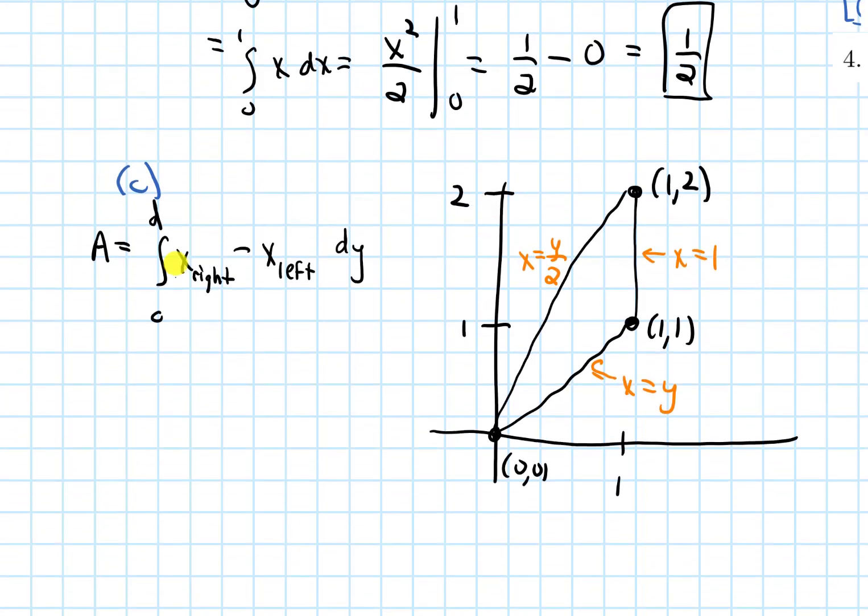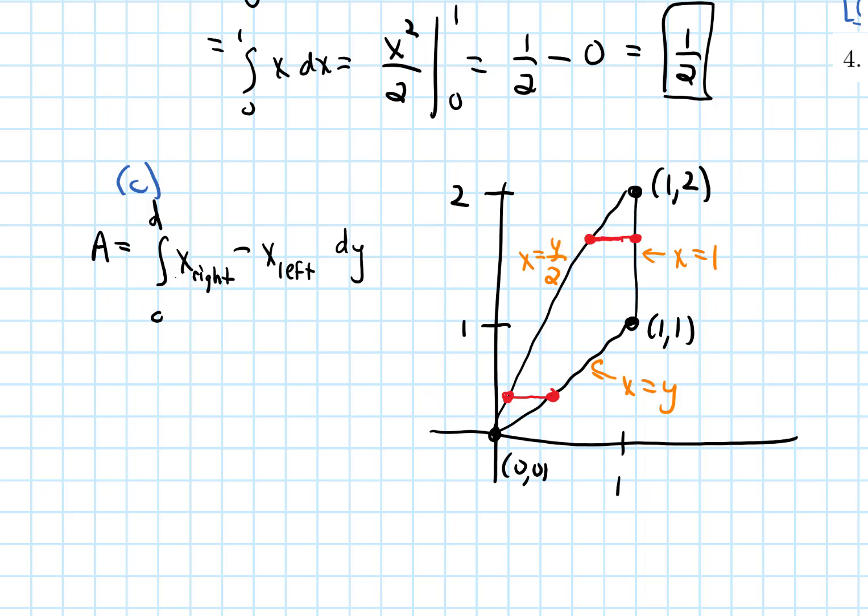So now I got to think about what's my right function, what's my left function. And the way I do this is I draw horizontal lines. So if I draw the horizontal line somewhere here, the right function is x equals y. The left function is x equals y over 2. But if I draw the horizontal line somewhere up here, the right function is x equals 1, and the left function is x equals y over 2.